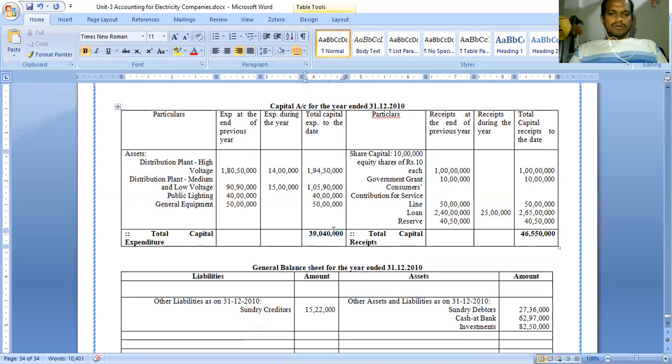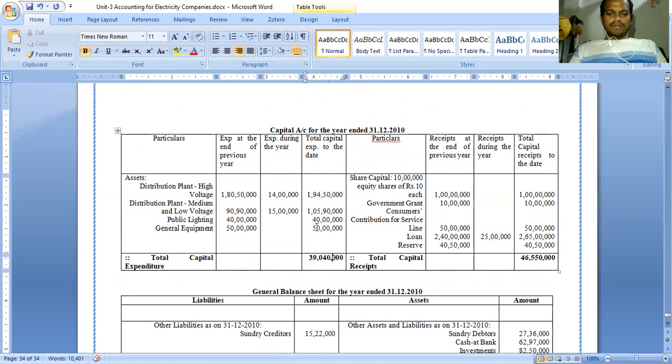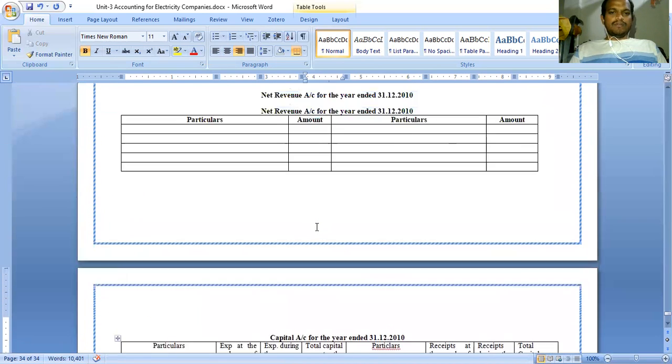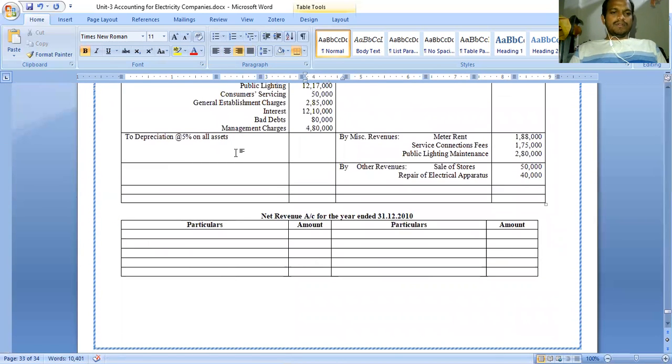So on this 390 lakh 40,000, we have to calculate the depreciation.